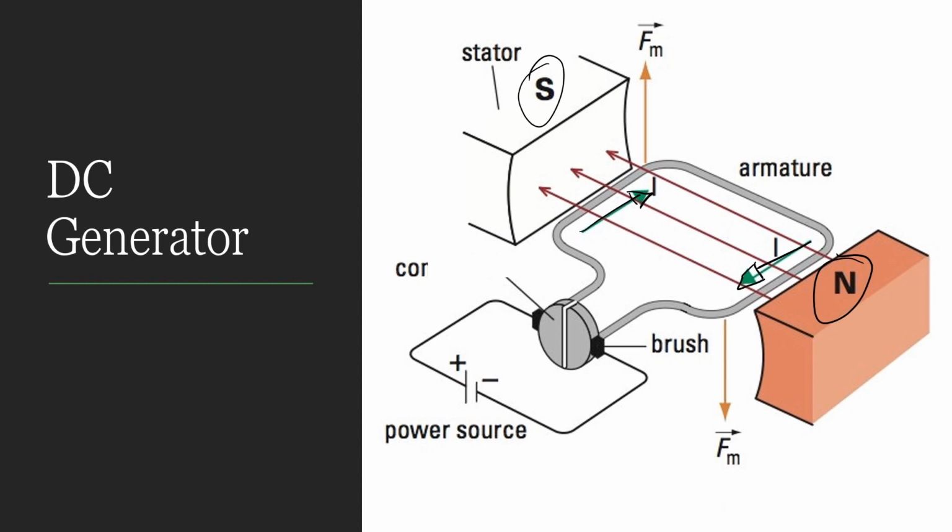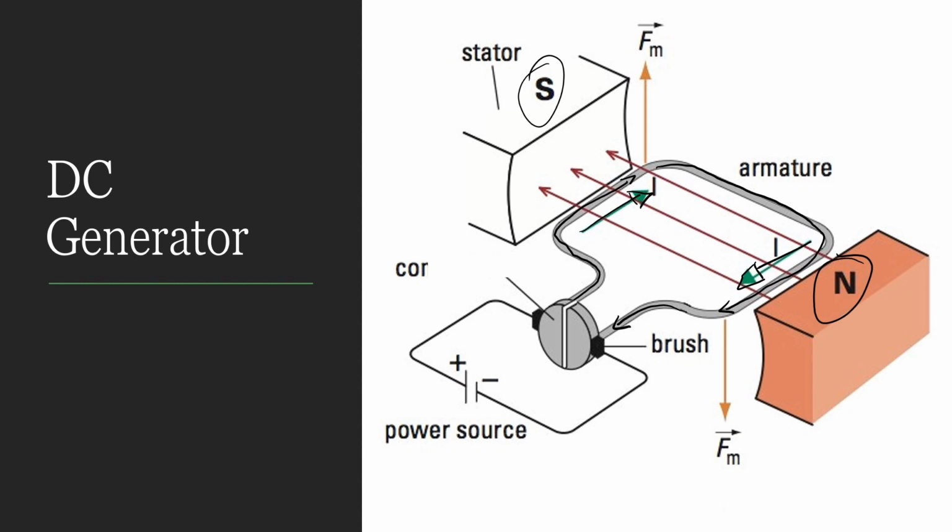Remember, we said that DC generators only allow current to flow in one direction. So current flows through this coil in that direction. It goes around and comes back around. What goes around comes. Okay, never mind.